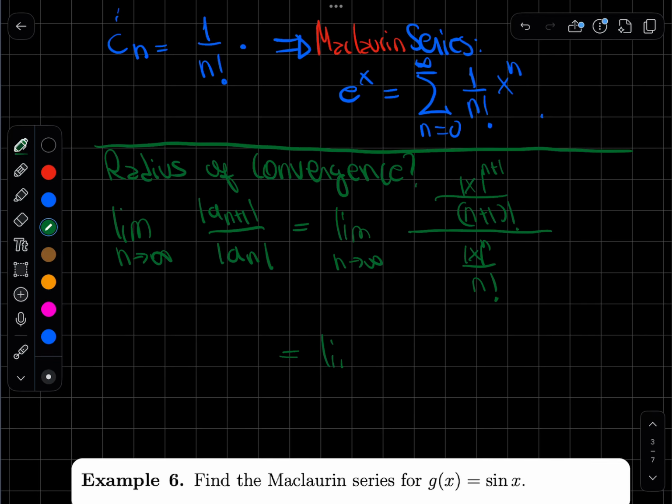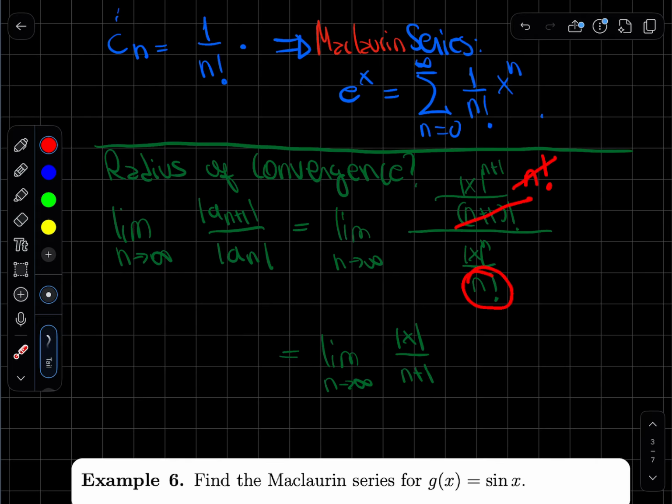And remember, I need this limit to be less than 1. By simplifying everything afterwards, I end up with absolute value x over n plus 1. You see this n factorial is going to flip up here.